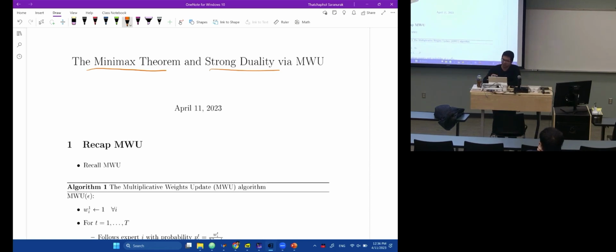So recall that strong duality says that OPT of P equals OPT of D, right? For the dual LP, when P and D are LPs that are dual to each other, then the optimal values are the same.